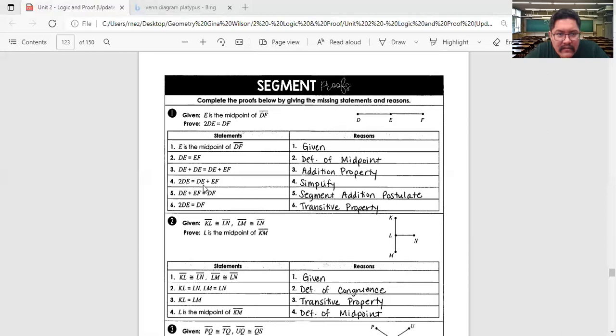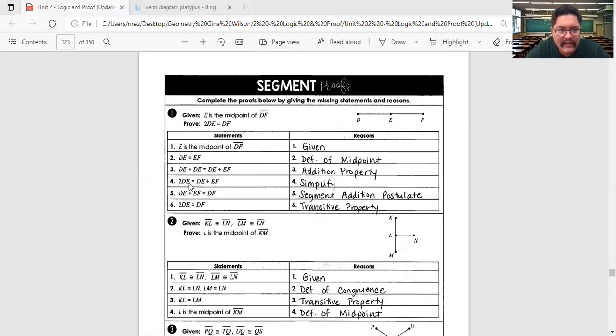So DE, EF, if you add them, they should come out to be the whole thing, DF. So they're taking the 2 DE, and since here we have DE plus EF and DE plus EF, if you have two things equal to each other, you can just set them equal to each other.